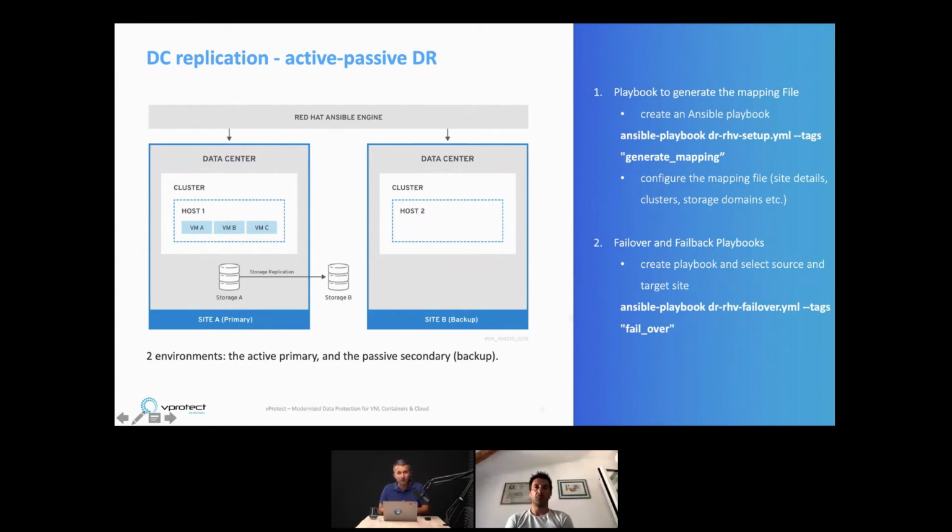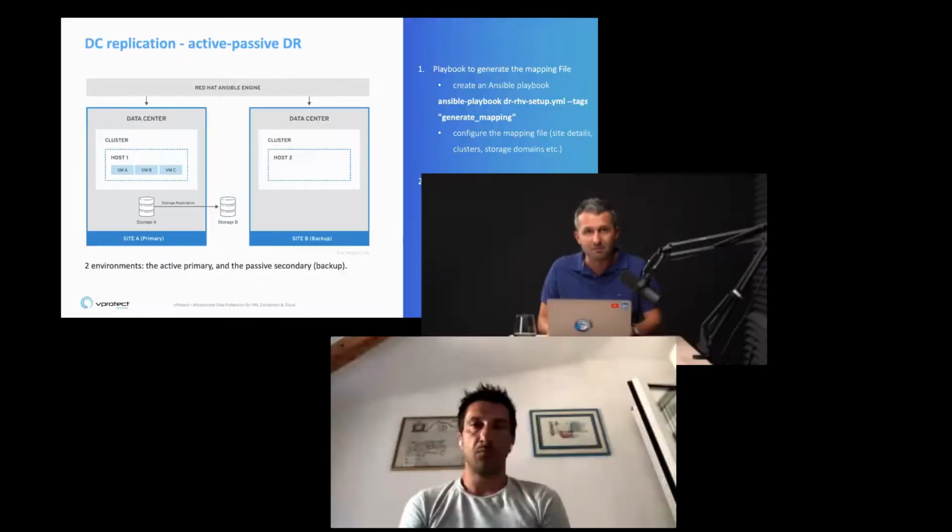Red Hat or oVirt also prepared dedicated playbooks on how to cope with this type of scenario: Ansible playbook DR setup, Ansible playbook DR RHV failover. Actually, Simon, are you already working with this type of YAML scenarios on OLVM? Because I found the RHV versions, which, to be honest, work also in OLVM.